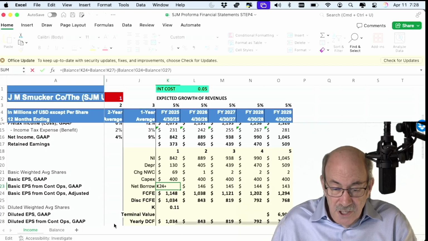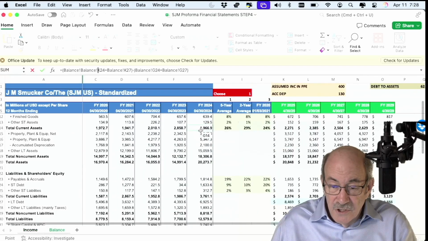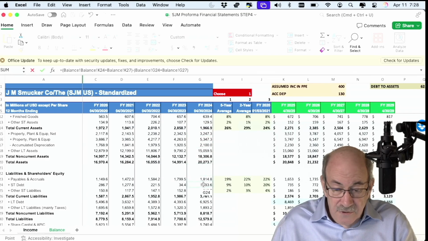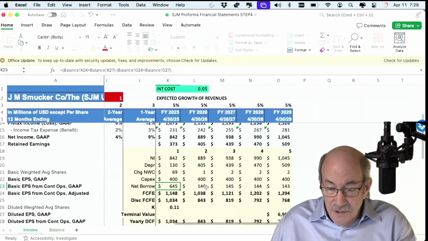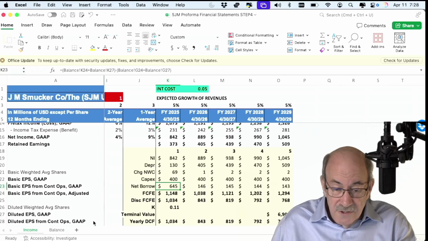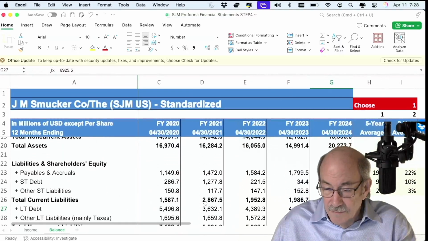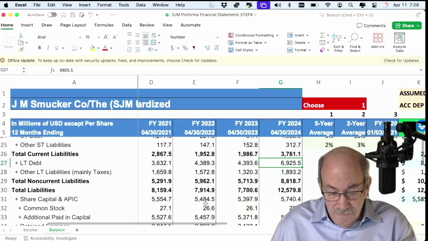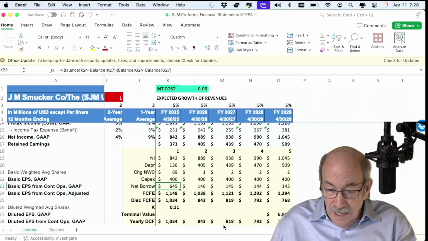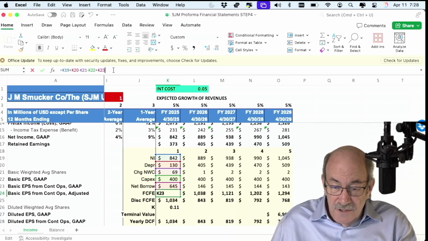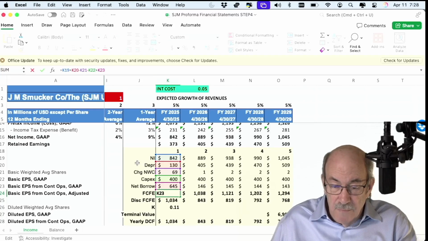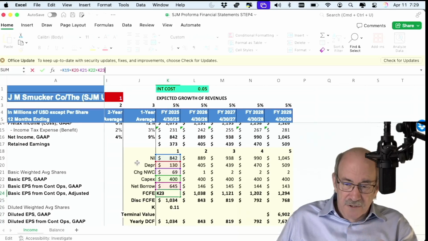That's G24, G27. Let's go over here. G24 is my short-term debt, and then G27 is my long-term debt, right there. All right, add all of that up. So what I've done is I've taken net income plus depreciation minus net working capital minus CapEx plus net borrowings. And I've structured these so that if the signs are the other way, it'll still work.